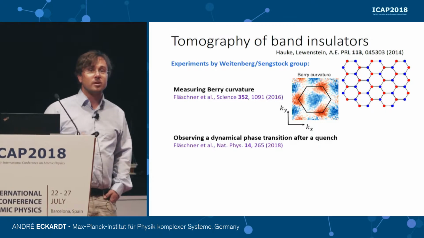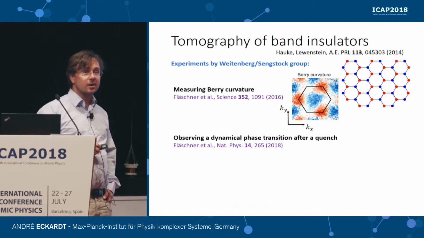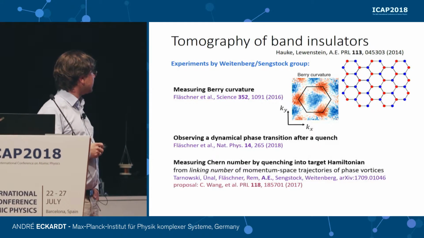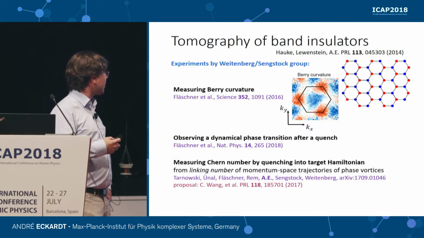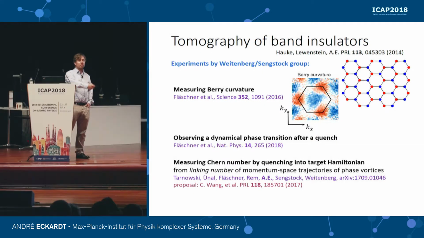They observed dynamical phase transitions, which were also visible in this momentum signal. And recently they measured the Chern number of a target Hamiltonian into which they quenched the system. This is, of course, very important because adiabatically preparing a topologically non-trivial state is not easy, because you have to cross a phase transition.